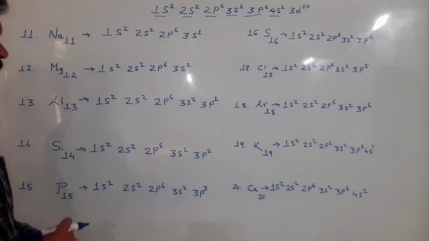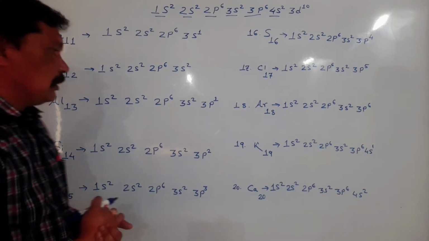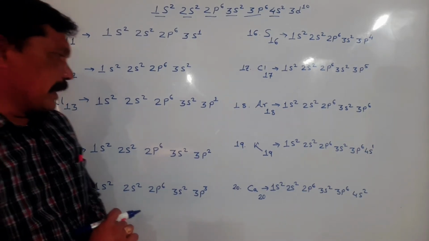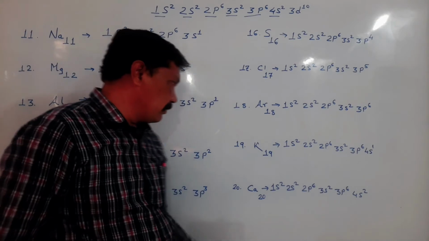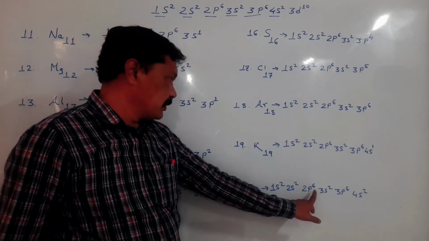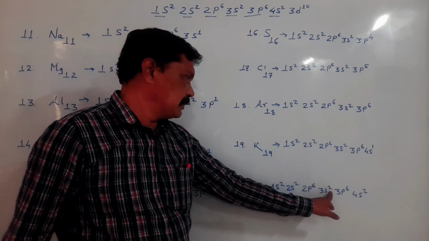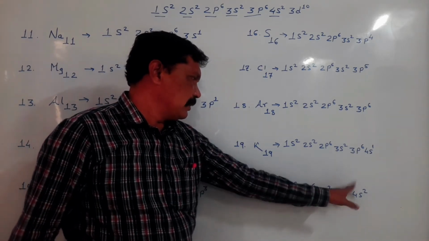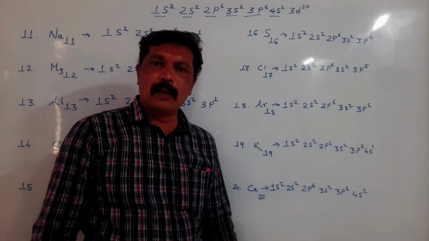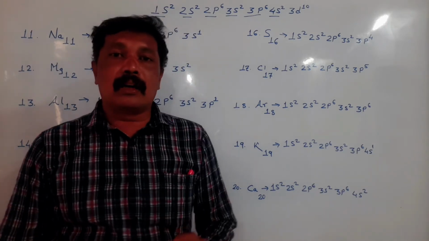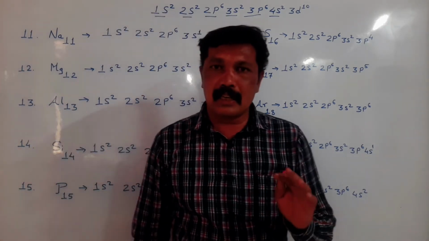My dear student, let's count the number of electrons in calcium to verify our electronic configuration. 10 plus 10, 20. So here our electronic configuration is correct.